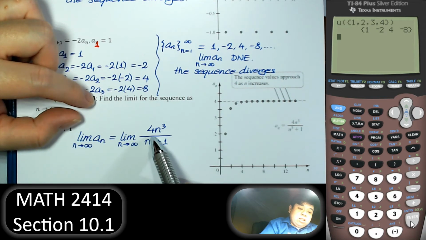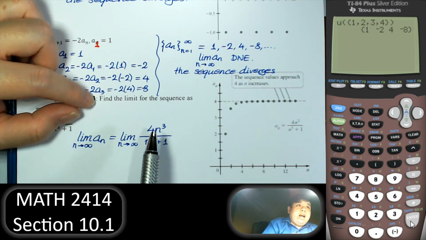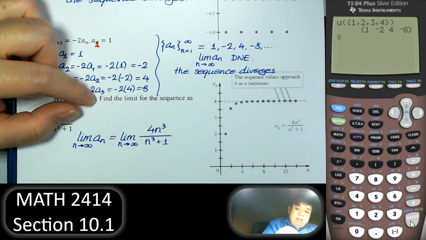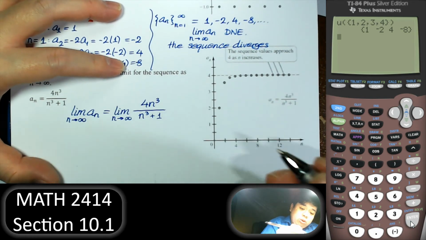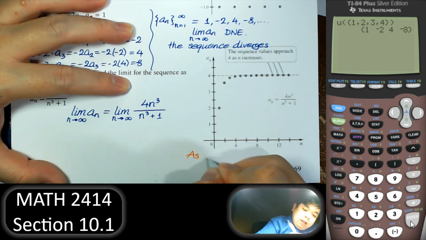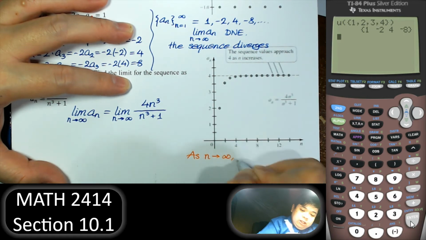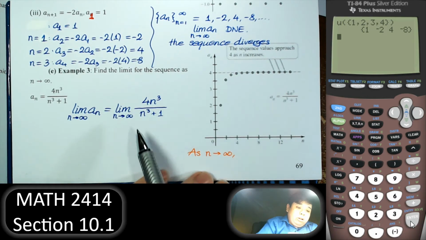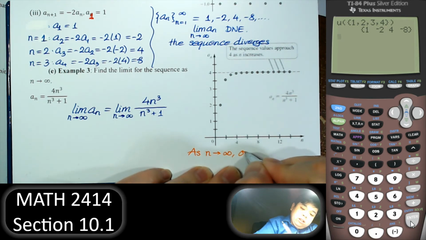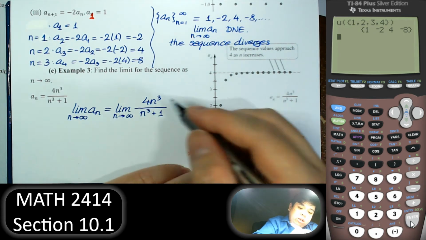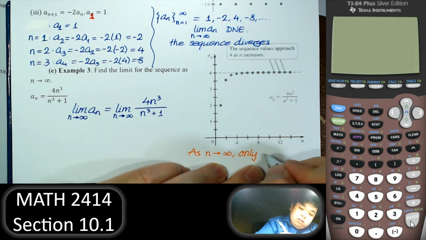So we just take the highest power on top, the highest power at the bottom. There will be a more general statement, but here we say as n goes to infinity, for the polynomial, only the term with the highest power matters.